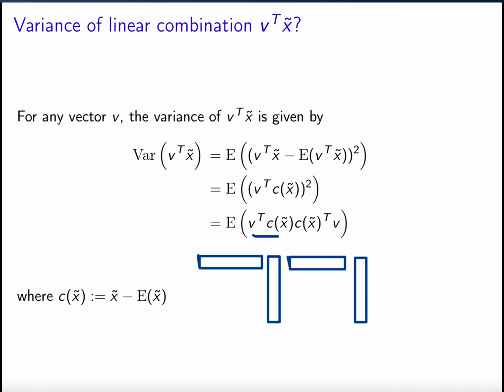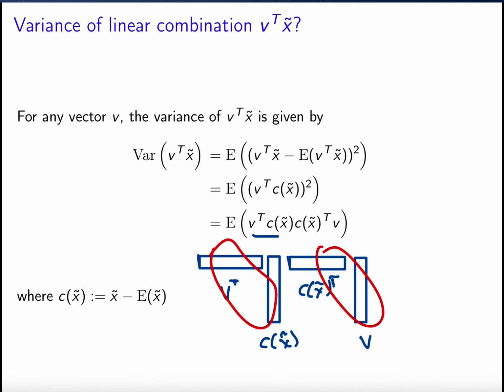So just to be clear, this is v transpose, this is C of x, this is C of x transpose, and this is v. I hope it's clear that the inner product of these is v transpose C of x, and the inner product of these is also v transpose C of x, so it's exactly equal to this. I hope that is clear.